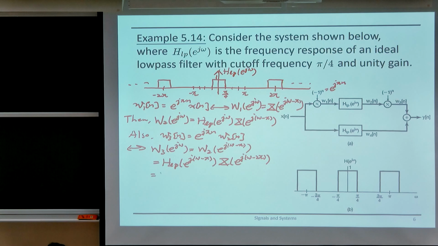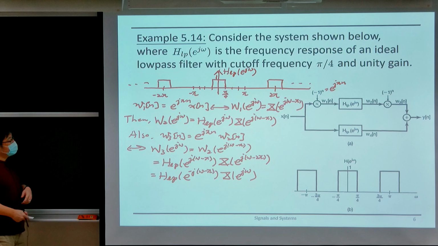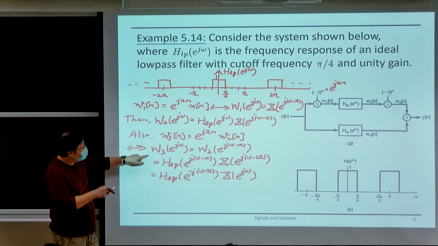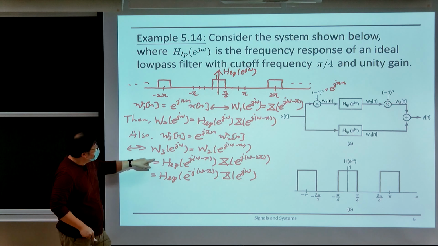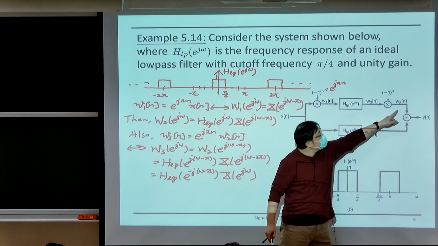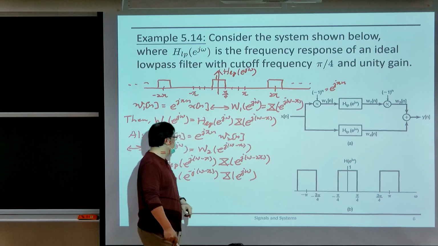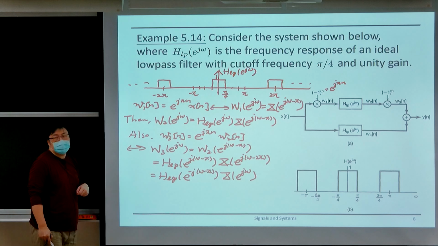So this becomes HLP(e^j(ω−π)) X(e^jω). So this is the upper branch. If I plug x into this upper branch, I will get at the output of the upper branch W3 that has a spectrum equal to this.